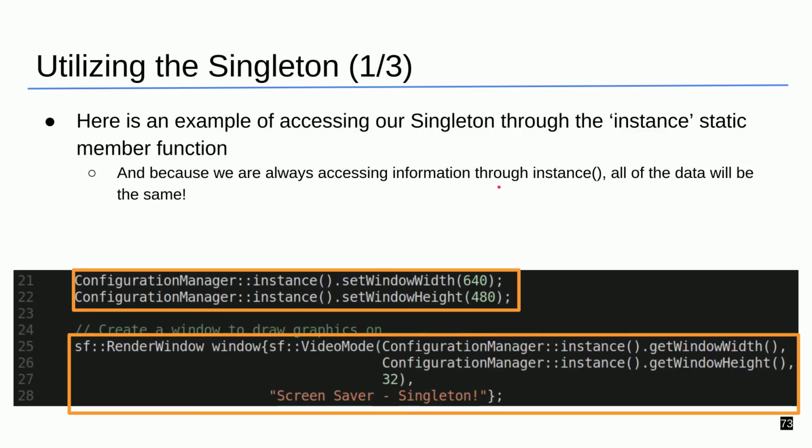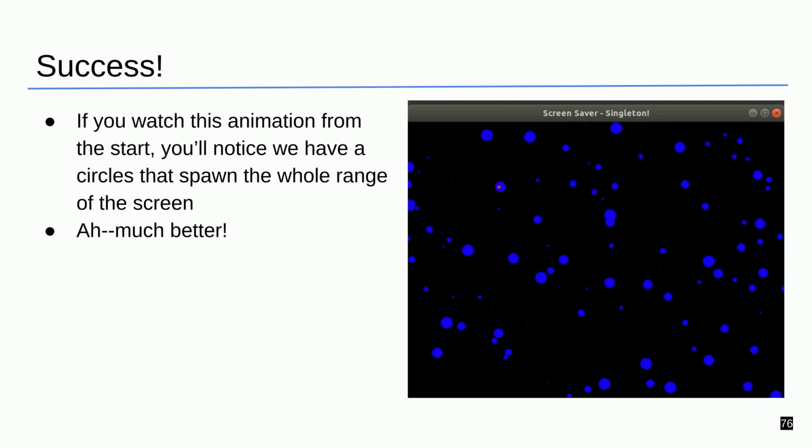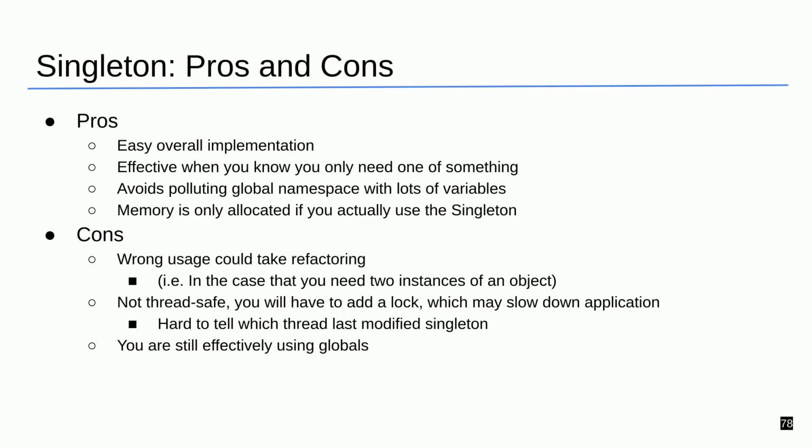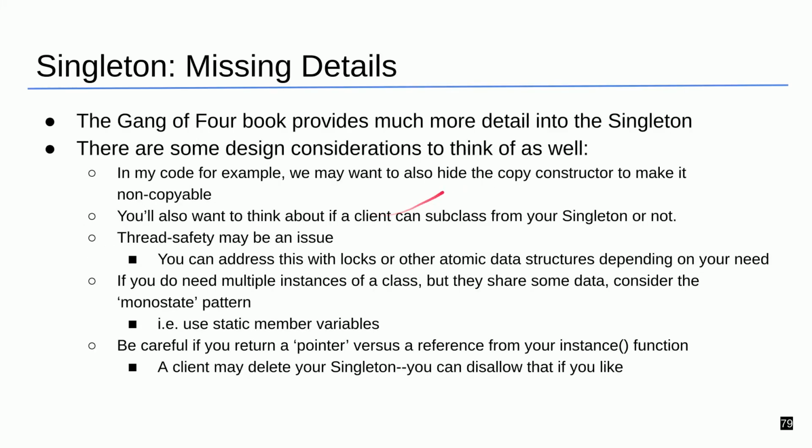So that's pretty cool. But if I make a copy or reassign this object, I could, in fact, make a copy of something that I'm only supposed to have one of. So I would probably want to hide the copy constructors too. Again, this is sort of the advanced section of the singleton. Thread safety, again, might be an issue.